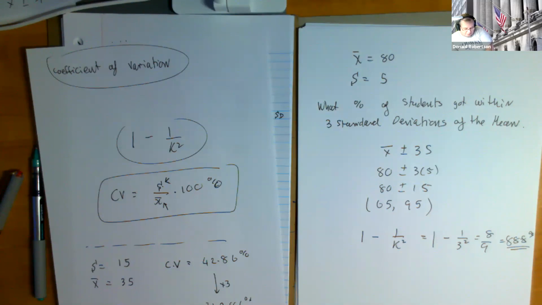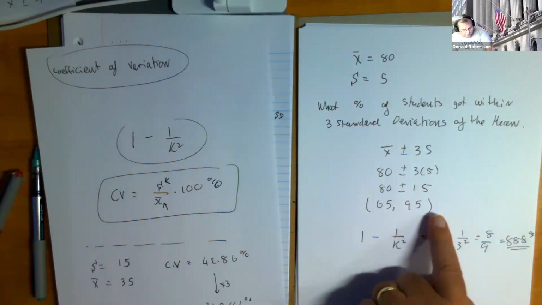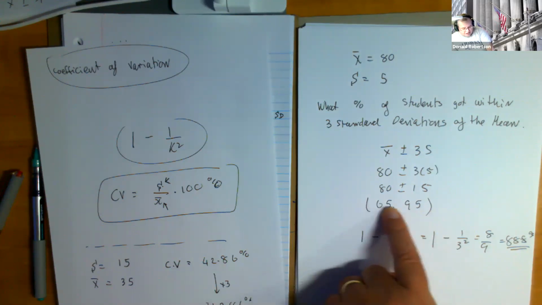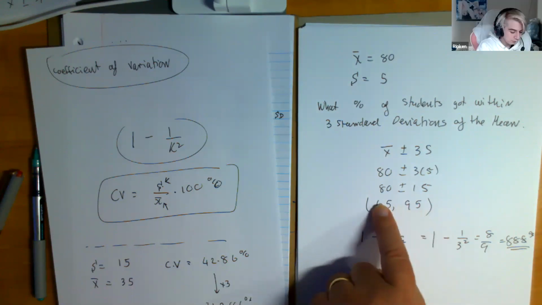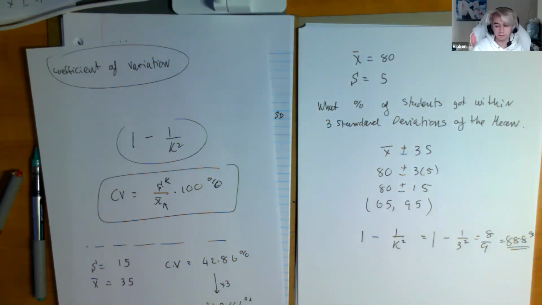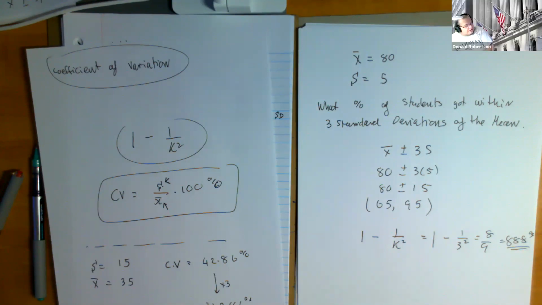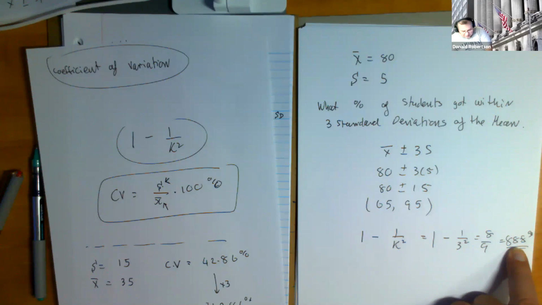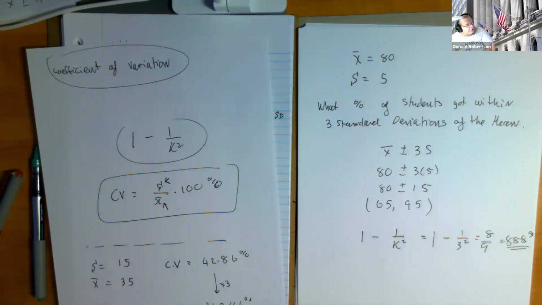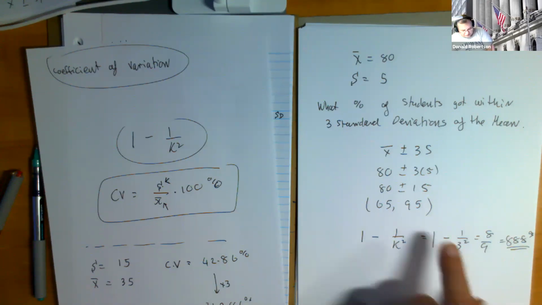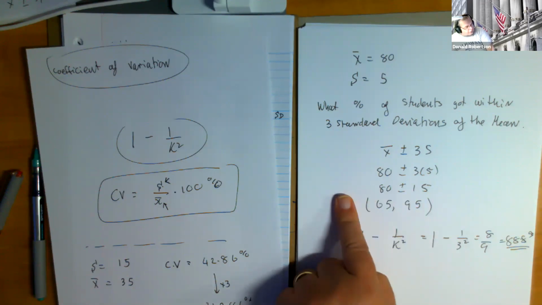So 89% of all the students in that class are going to get somewhere in the range 65 to 95. Do you see that gives you a good idea of what that class looks like now, doesn't it? If you take it to its extreme, doesn't that mean very roughly there's about 11 or 12% of the class that got either higher than this or lower than that?